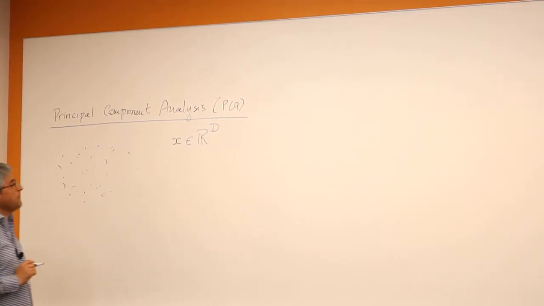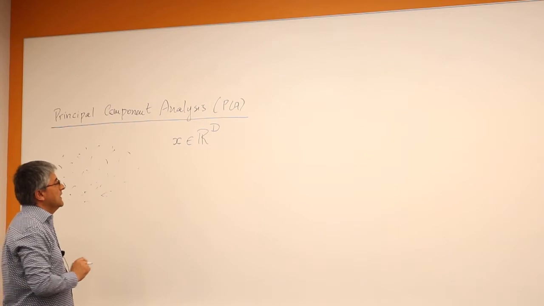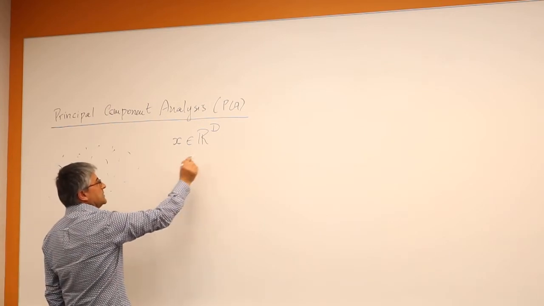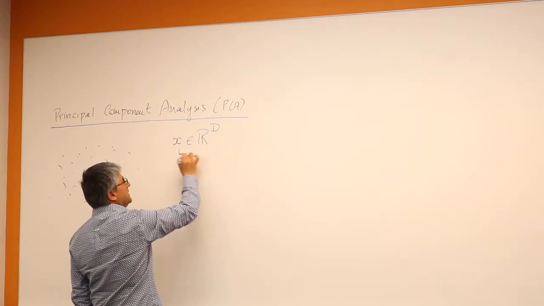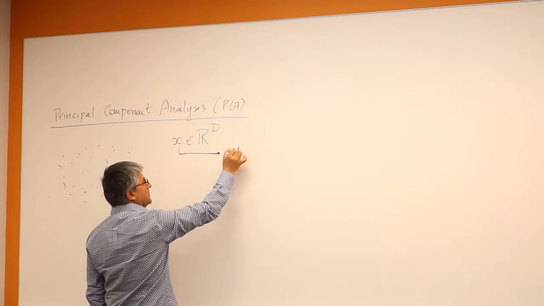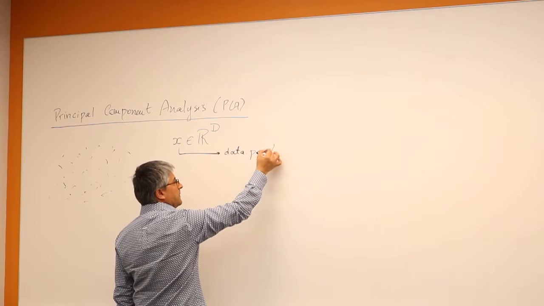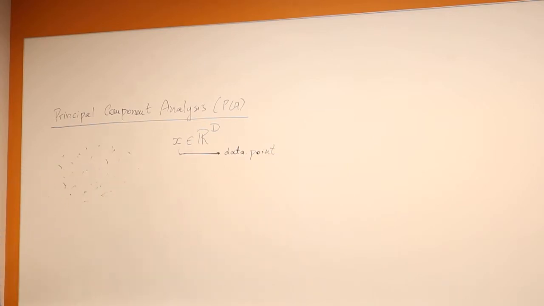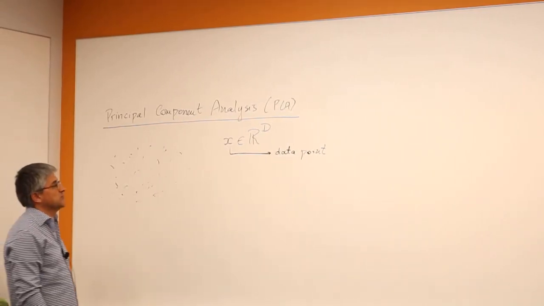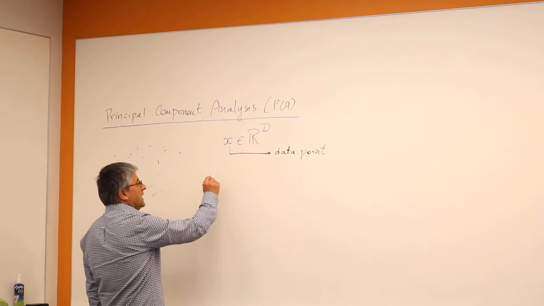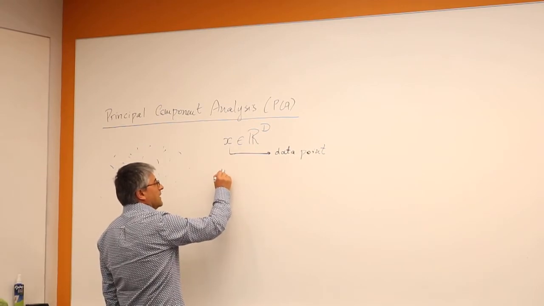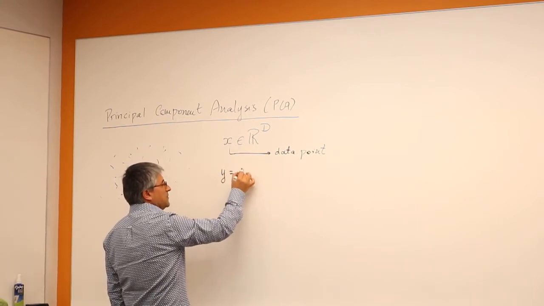So this is going to be the data point, but I'm assuming it's a generic data point. So it's a random variable drawn from some distribution, and I'm just drawing lots of samples here. So super simple. Y is going to be what I call the principal component.